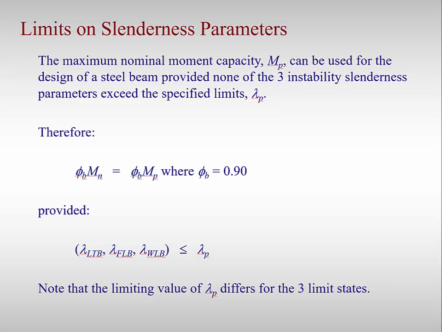Any more slender than that, and the moment capacity must be decreased. The design moment capacity is then obtained by multiplying the nominal moment capacity M sub n by a reduction factor of 0.90.